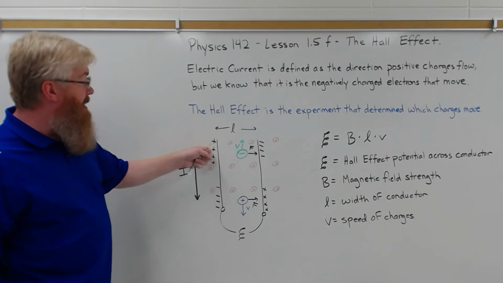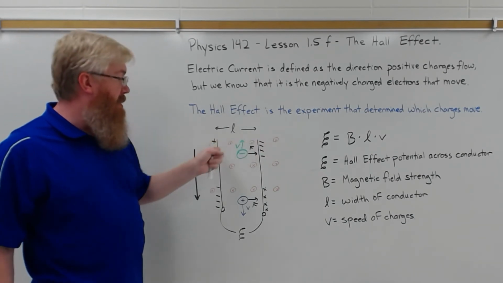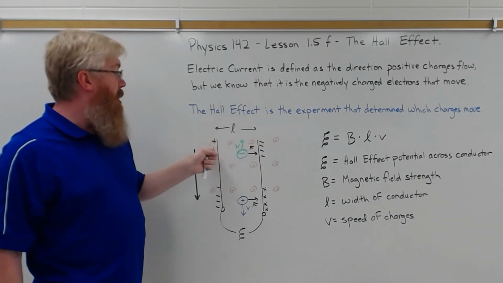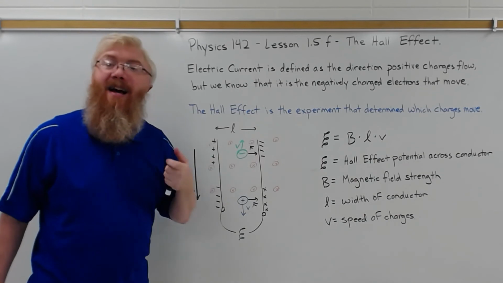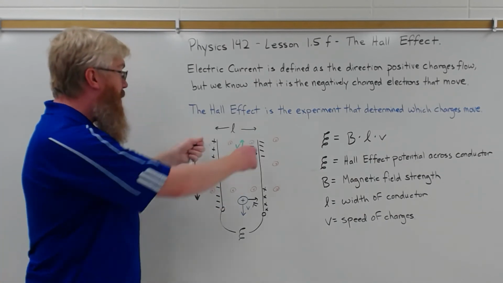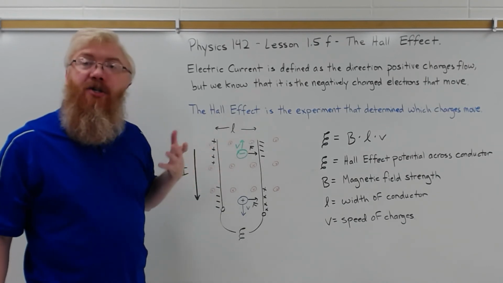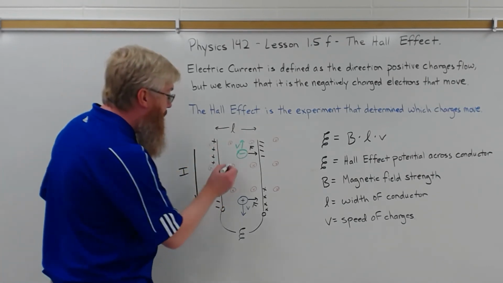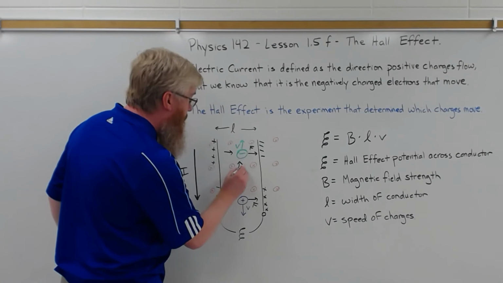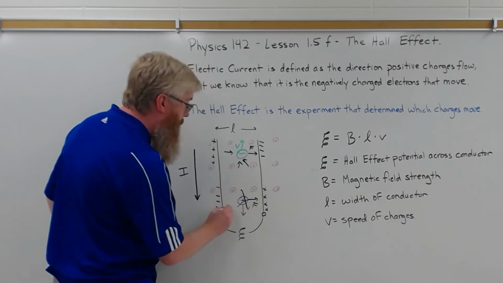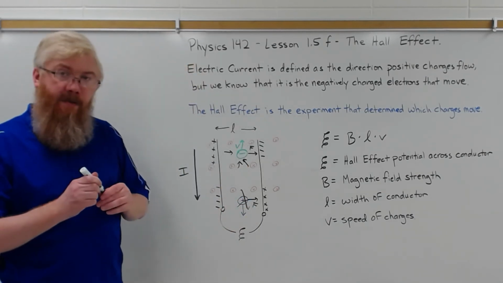The left-hand side of this sheet of copper will have a higher potential than the right if it's the electrons that are moving. You can set up a voltmeter, take those measurements, and definitively show it is actually the electrons that are flowing, not the protons.